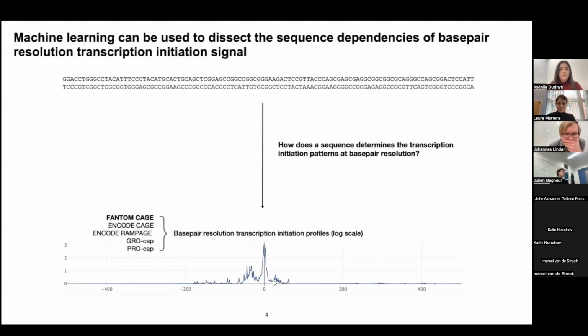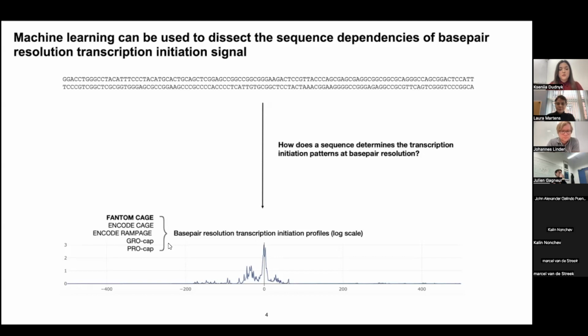We were thinking we can develop a model that takes the sequence and predicts the base pair resolution, strand-specific signal. Then if we train a model like this, we can use it to deconvolve the mechanism of transcription initiation that is encoded in a sequence.